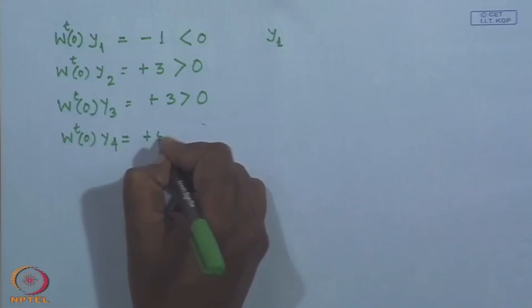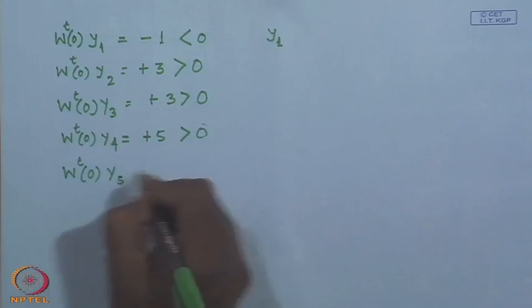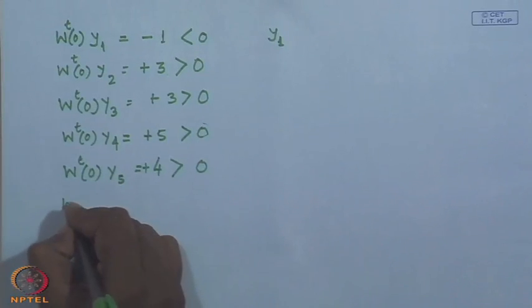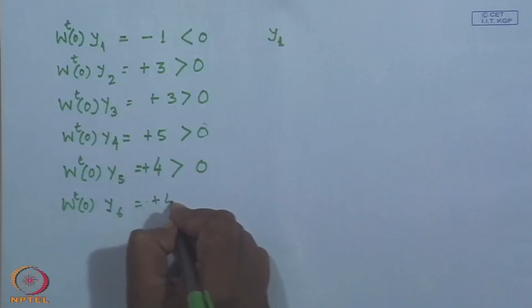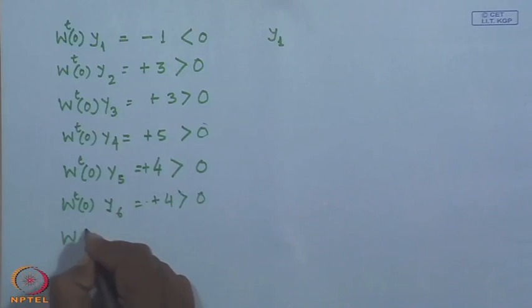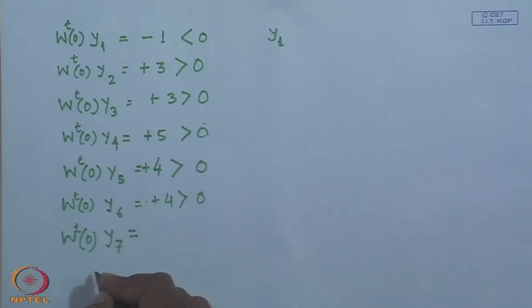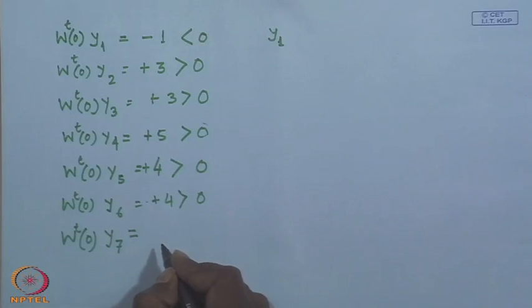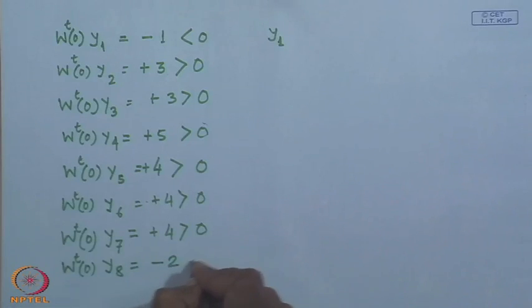w 0 transpose y 4 will come out to be plus 5, that is again greater than 0. w 0 transpose y 5, if I compute this, will be 4, which is again greater than 0. w 0 transpose y 6 will again be plus 4, greater than 0. w 0 transpose y 7, if you compute, will be 4 again, which is greater than 0. w 0 transpose y 8, if you compute this, will be minus 2, which is less than 0.